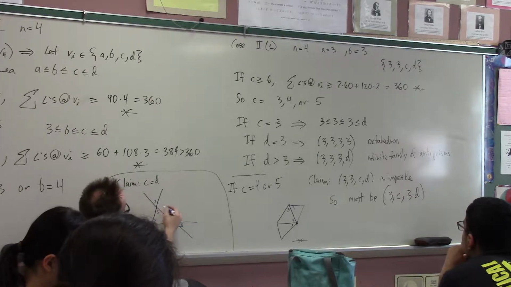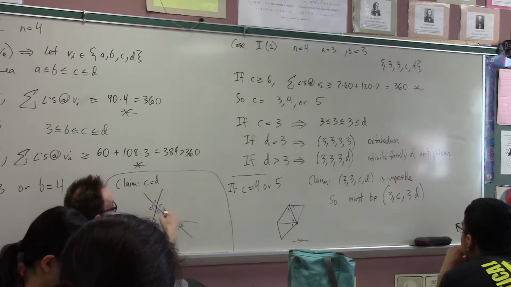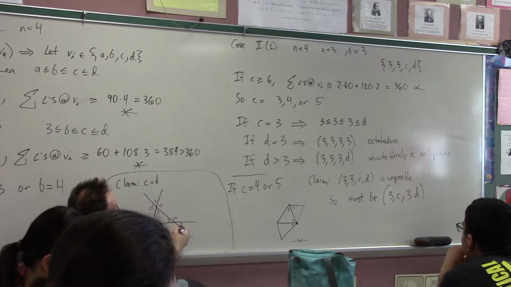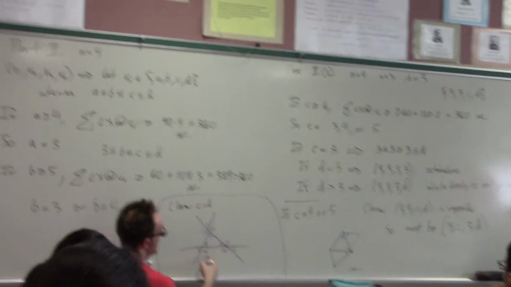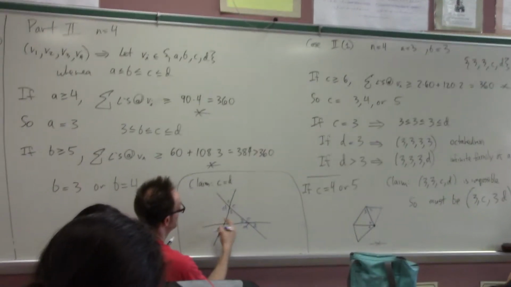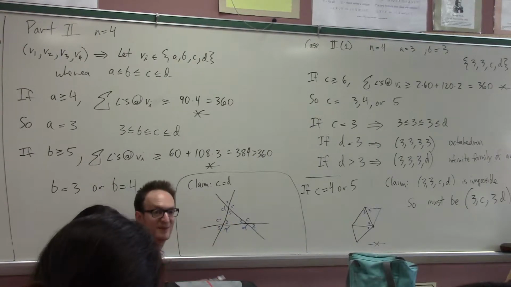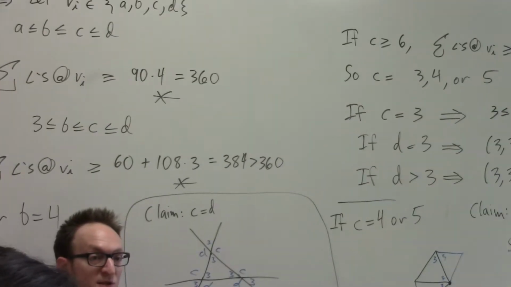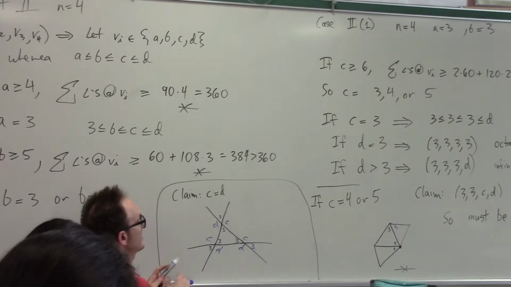But if this is a C-sided polygon there, and a D-sided polygon here, then this is a C, and then this would have to be a D, and then this would have to be a D, and then this would have to be a C. It's that same kind of lemma again, same style of logic. And so C has to be D.